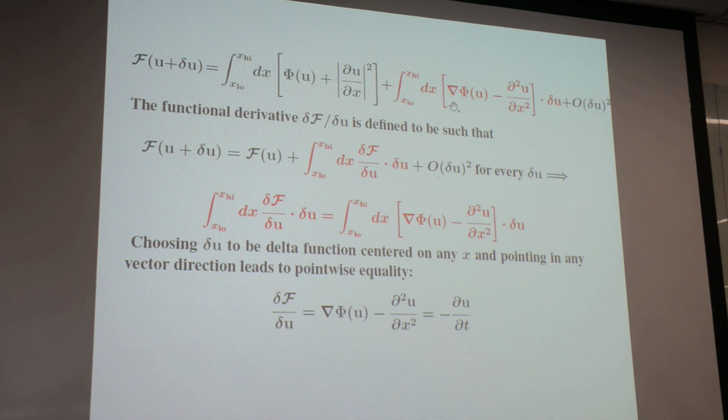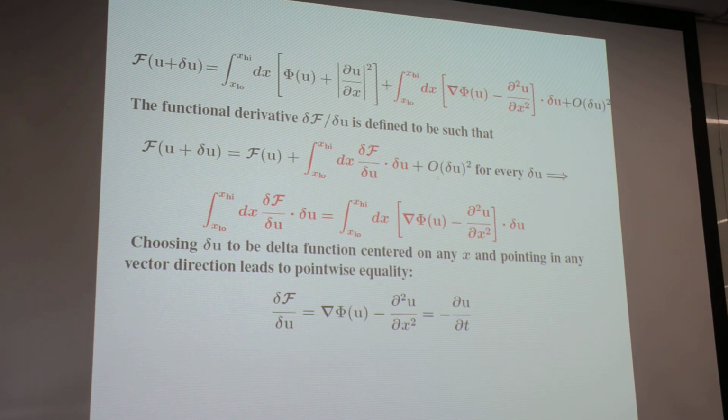Okay, so we've defined it that way. And we can actually set this equal to this, for the following reason: because this is true for every delta u. And so we can set delta u to be a little delta function at any place.